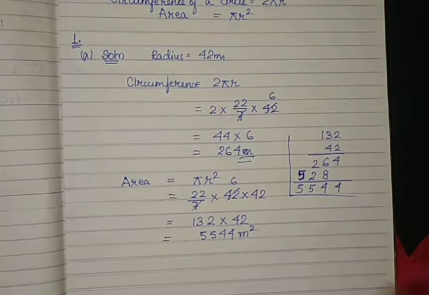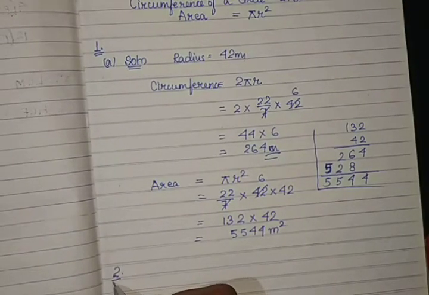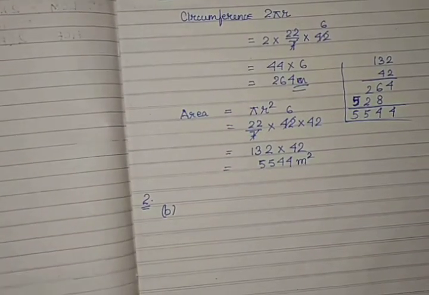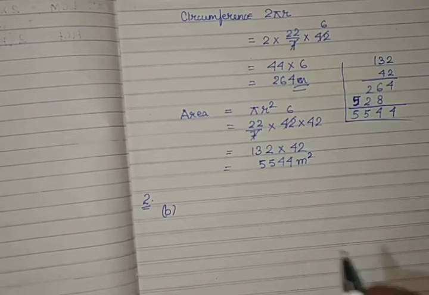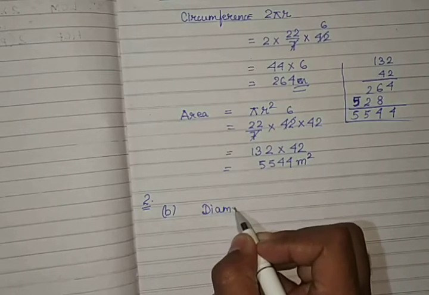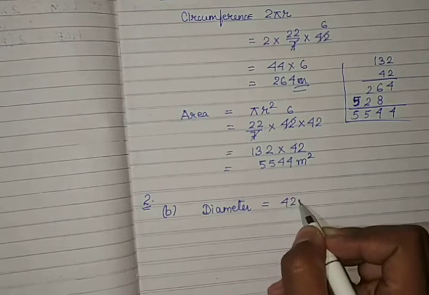Let's see question number 2b. Here you have been given the diameter in this question and you are asked to find only the circumference. The diameter of a circle is given to be 42 centimeter.